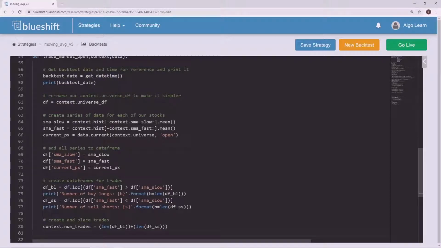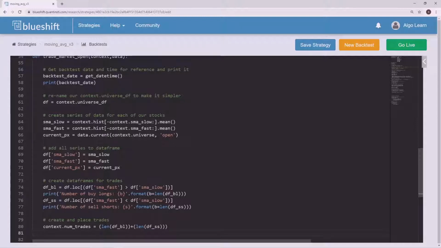All we're doing here is adding up the number of positions in each of these data frames, and that's going to be the number of trades that we place. We're doing this because it allows us to weight our trades. We only have 2 positions here, so that's not really an issue, but if we have 30 or 50 positions and want to weight each of them equally in the portfolio, then we really need to work on this weighting concept.